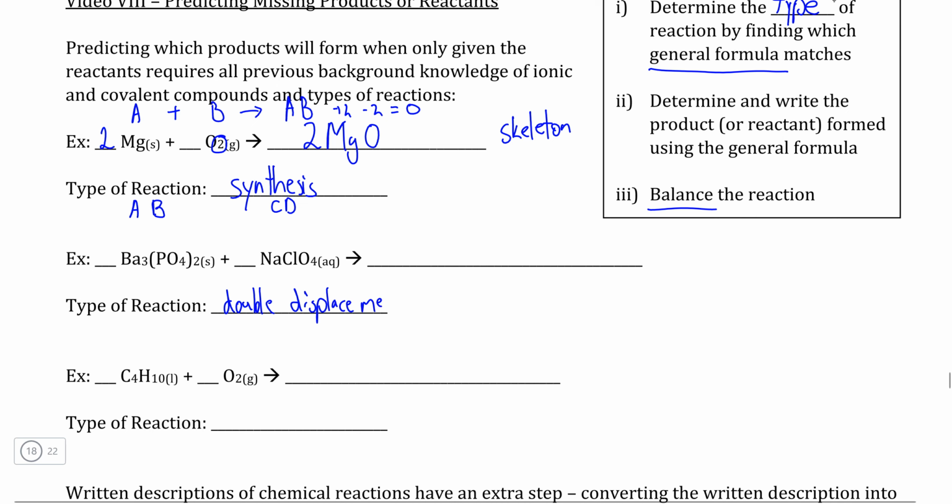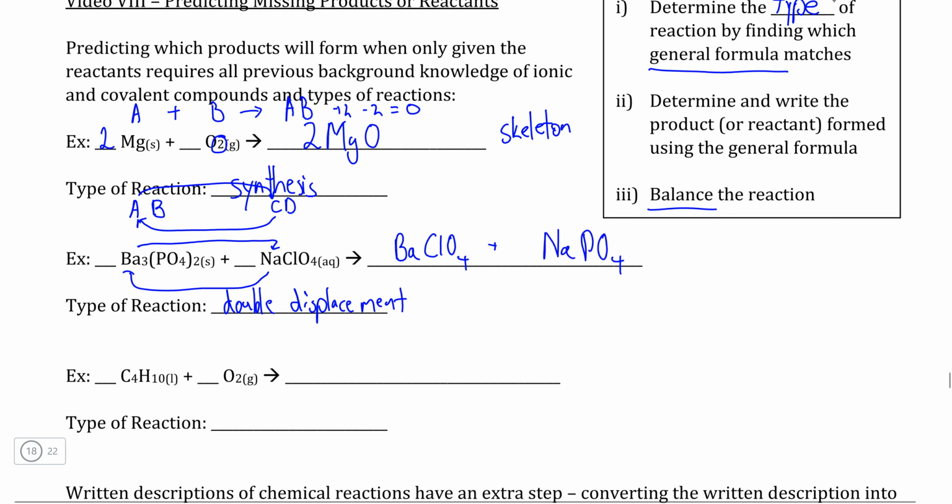And if we know that a double displacement is taking place, we know that the metal ions, or the cations rather, will switch places, and that will predict what the products are going to be. So if we take barium and sodium and switch places, we can write barium here paired with perchlorate, and sodium switches places with barium, meaning that sodium will be paired with phosphate.